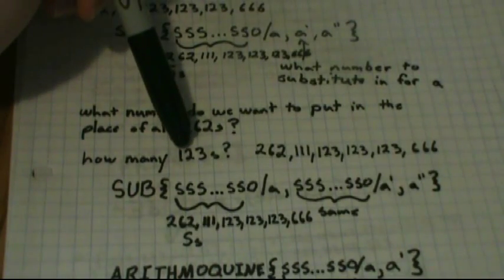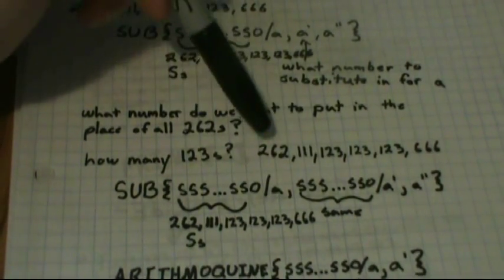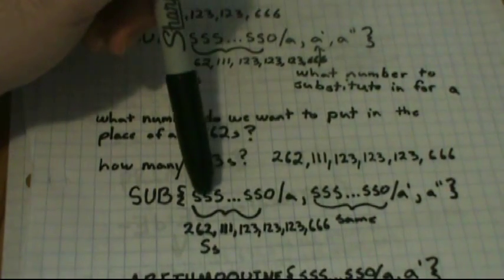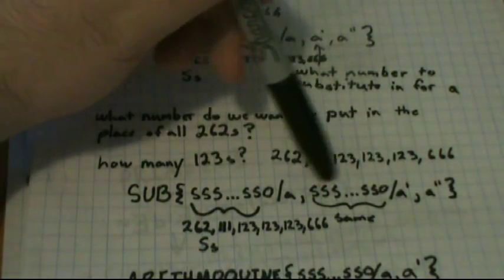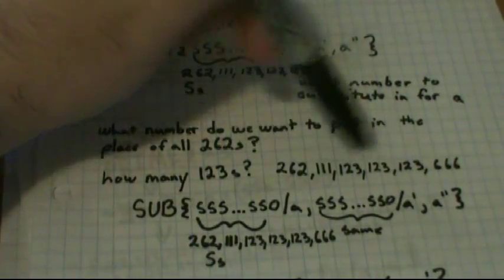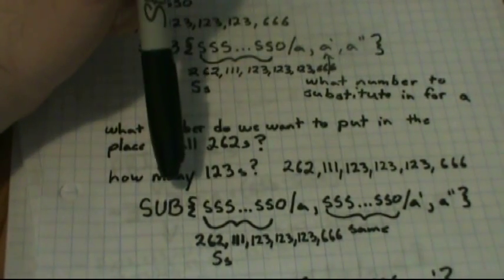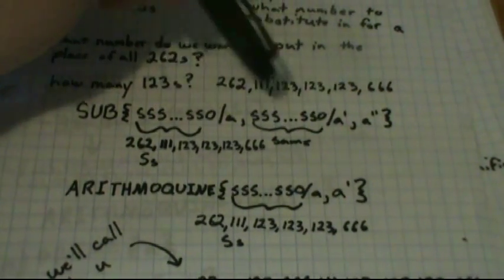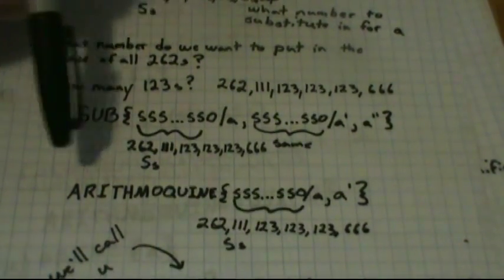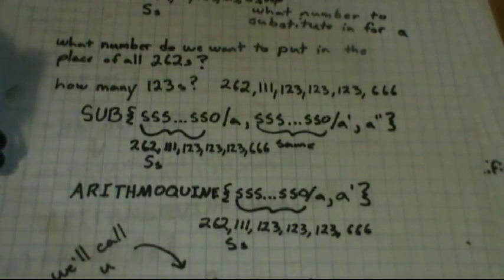And the number we're looking for is how many copies of 123, which in this case is this number. We already figured out what we're putting in place of A, and then for A prime, we're going to put in the number of 123s we wanted, which turns out to be the exact same thing as what we were using for A. And since A and A prime are always going to be the same number, we're going to just say arithmoquine instead of substitution.